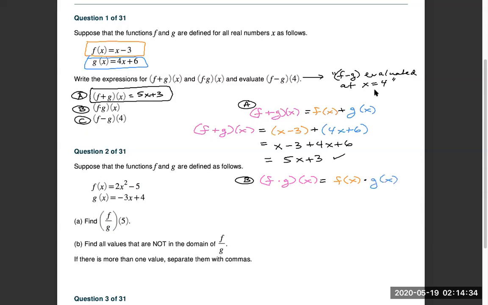Okay, so f times g of x is equal to, we have f of x, the quantity, times g of x, the quantity. Okay, so for this one, you're going to want to FOIL.